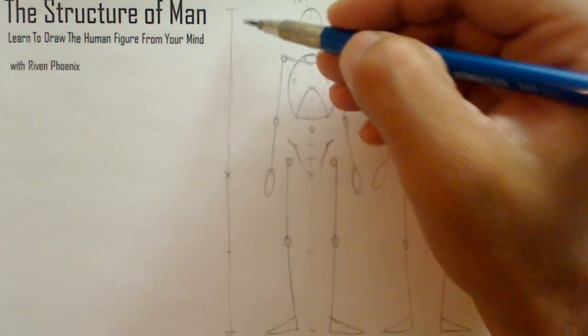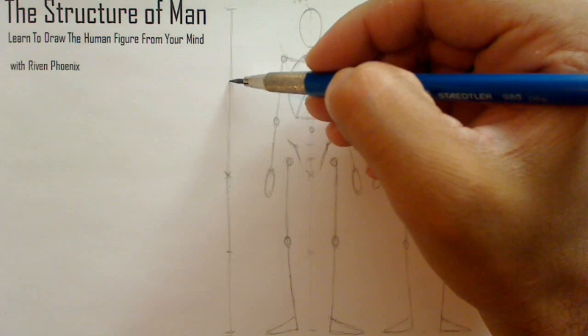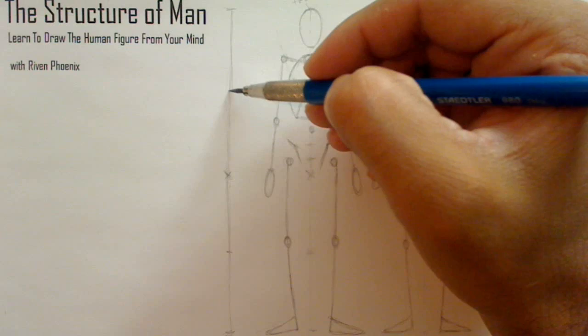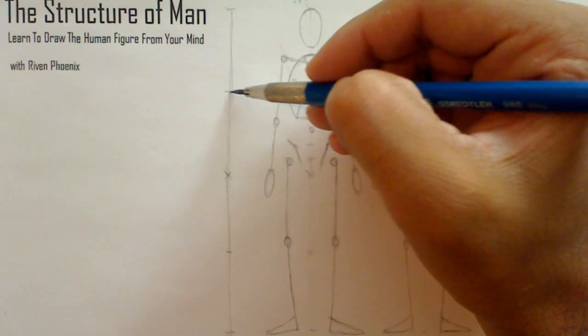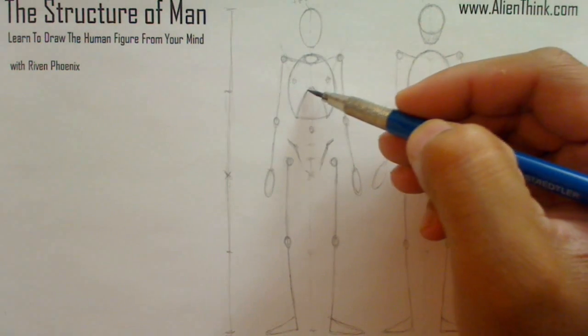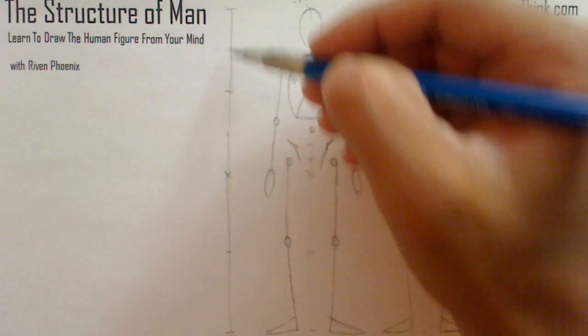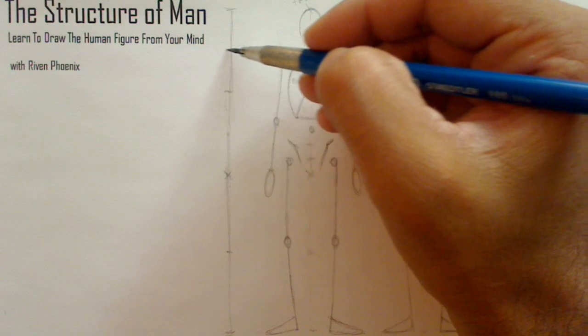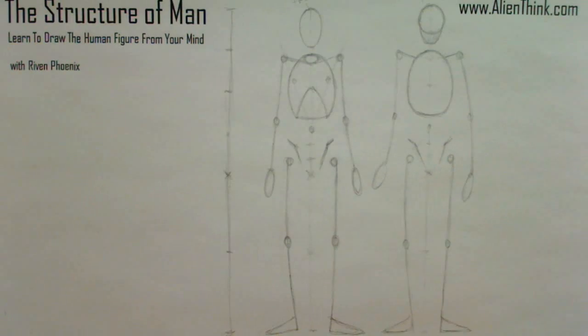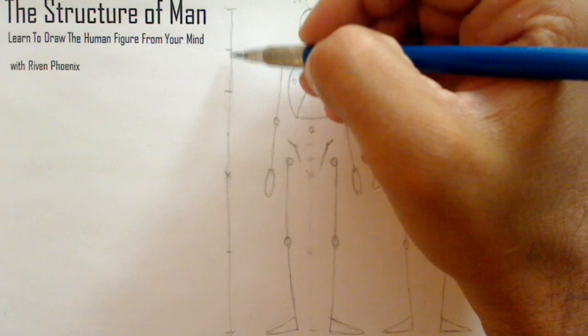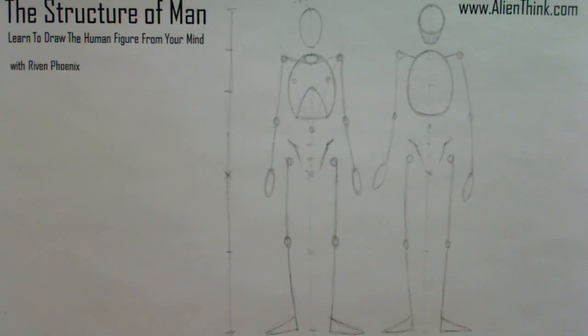Then over here we're going to divide this in half about here. This is where the bottom of the pec muscles is going to be. This is where the navel is supposed to be. Then if we go up here, this will be the bottom of the chin, right? So this is the height of the head that I'm showing you.